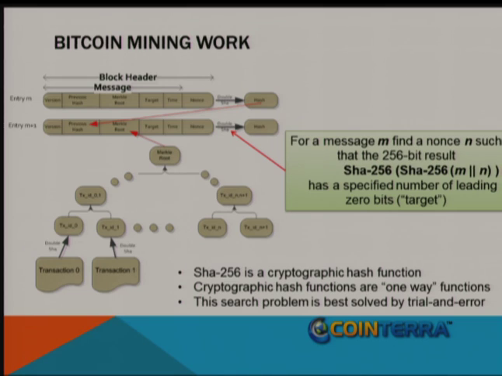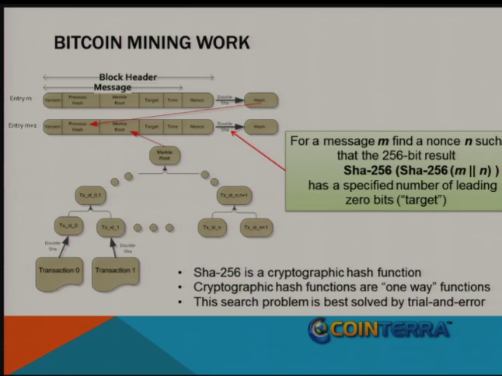The public ledger is the blockchain and consists of blocks. I have got a picture over here. The block contains the block header and a linked list of all the newly validated transactions that are bundled into this block.